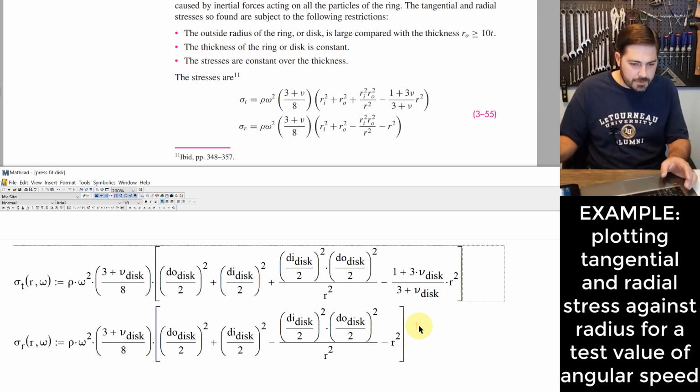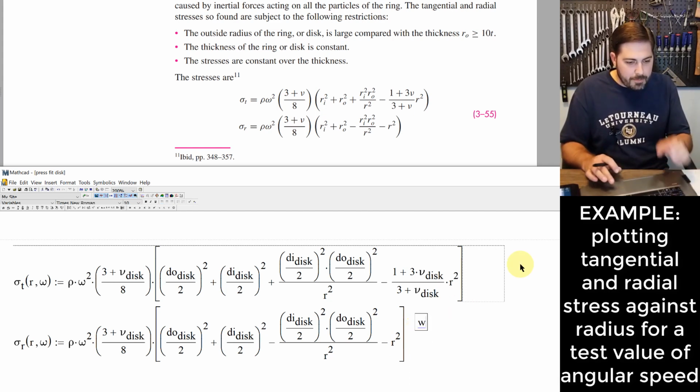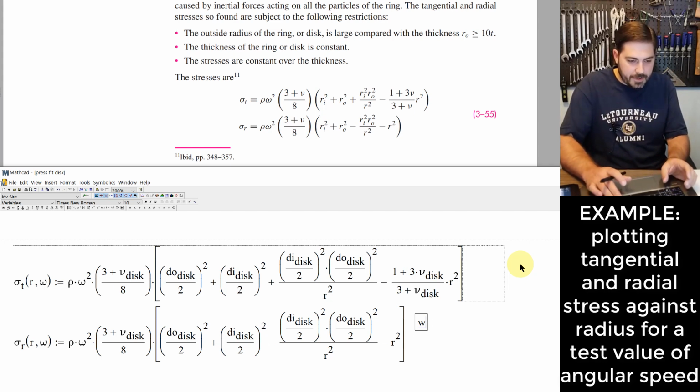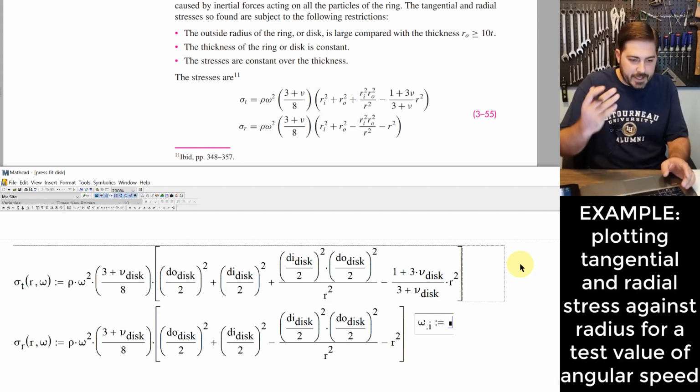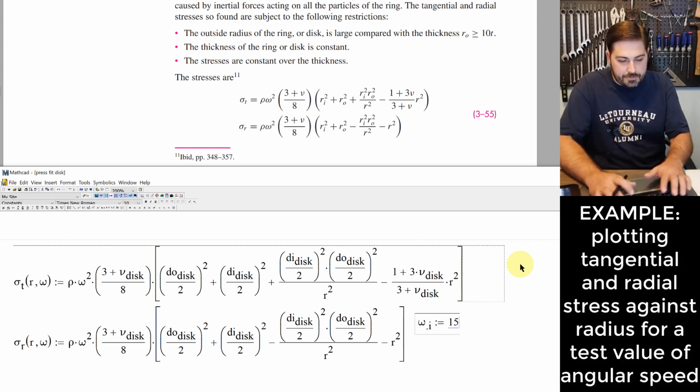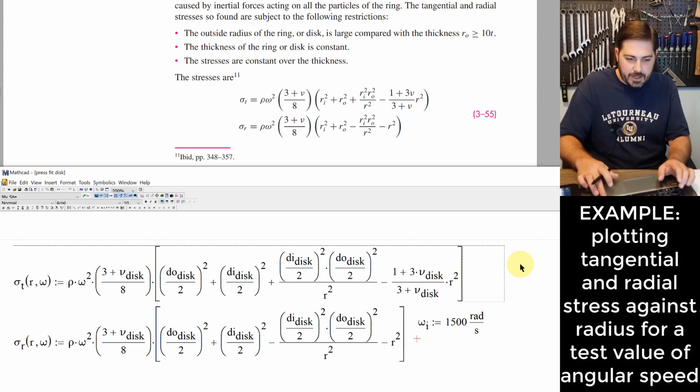Okay, so let me do that. I'm going to put in an omega, I don't care what I call it, but let me say omega sub I, just as a kind of a test case. Let me just call it 1500 radians per second. Okay, just as a number to use. All right.